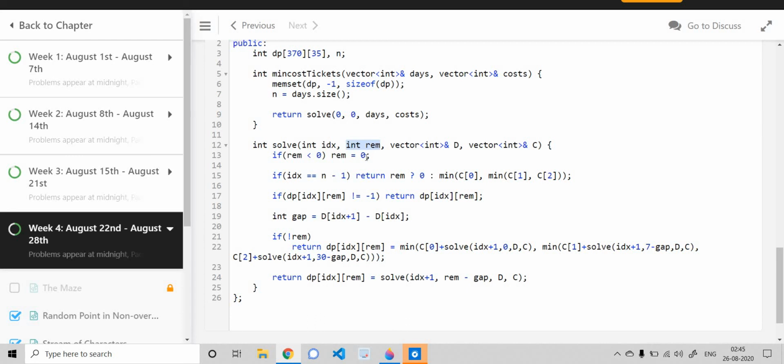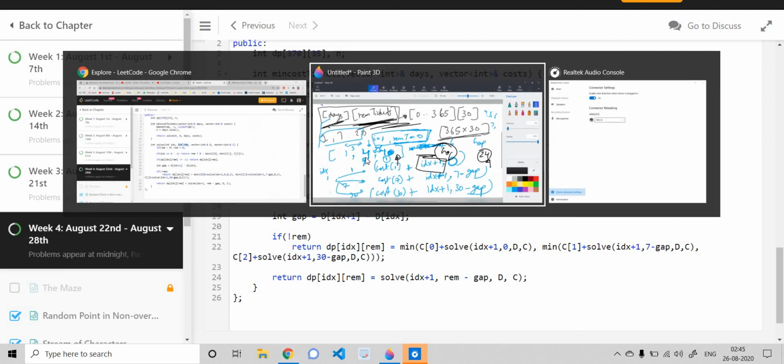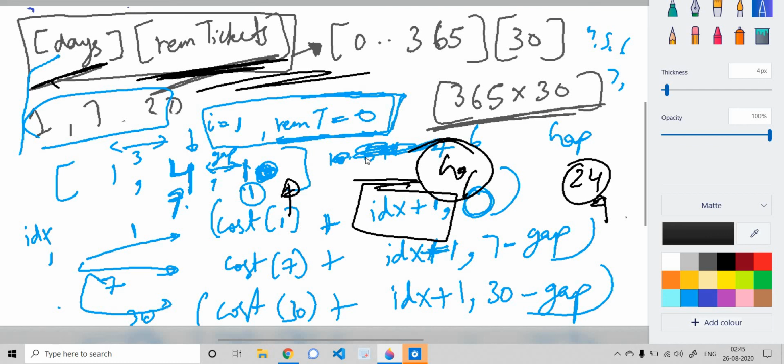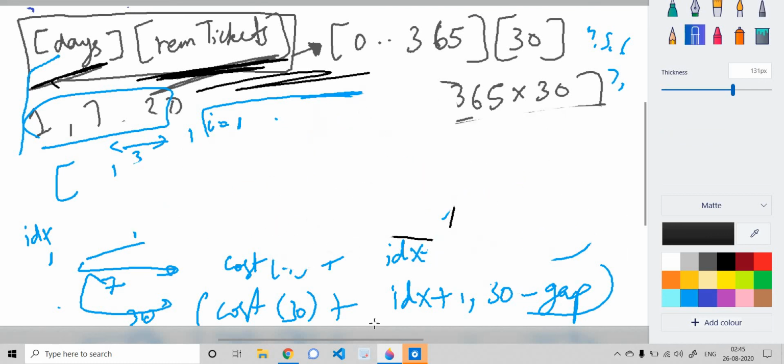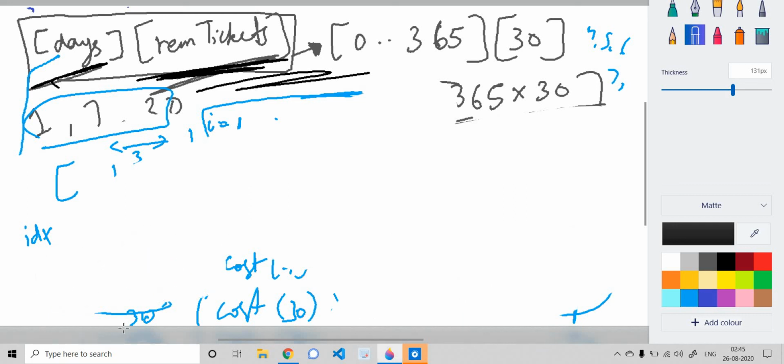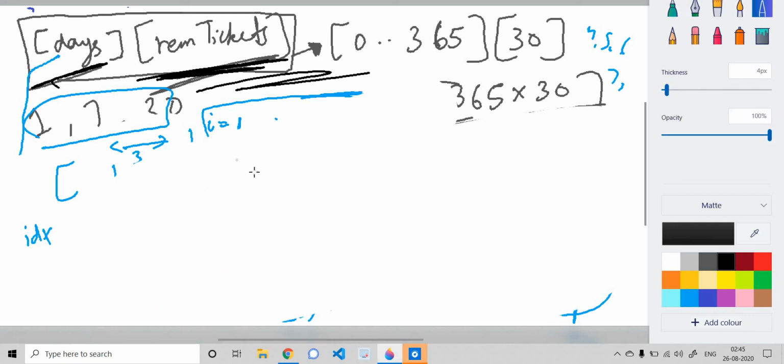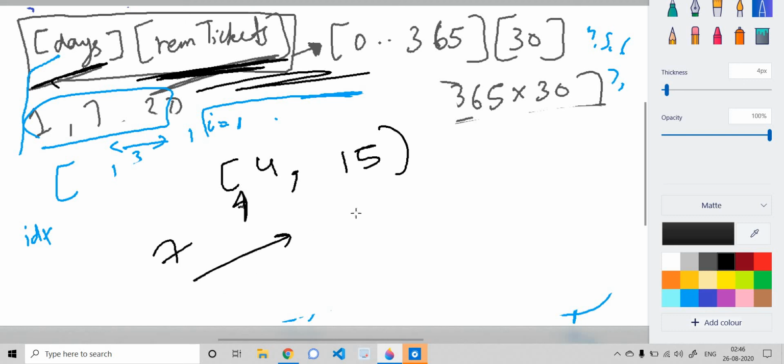Now there can be a case where remaining is less than 0. Let me just give you one such case. Suppose we have the days array and the value in this days array is 4, and the next day we want to buy a ticket is 15, and we are buying a 7-day pass from this day.